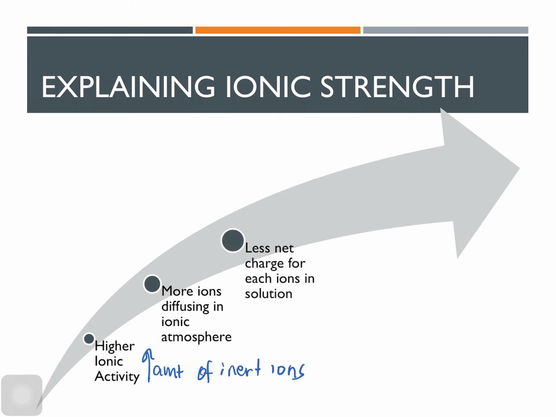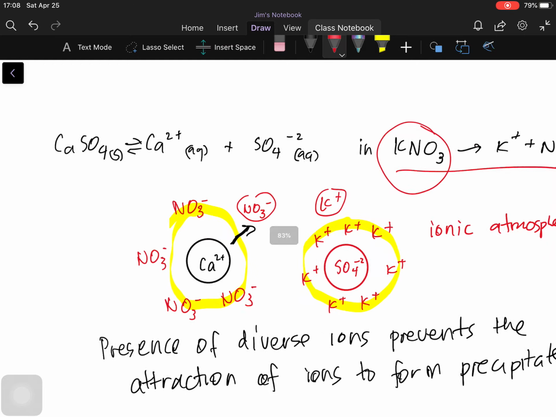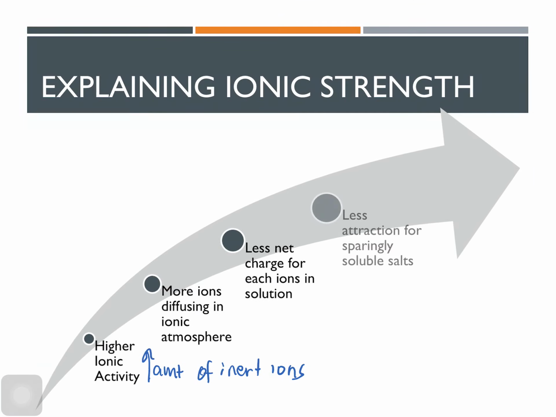Thus, there will be a less net charge for each ion in the solution. That means that nitrate ions and potassium ions are shielding calcium and sulfate ions respectively to prevent them from recombining. Okay, so that's the idea. That means less attraction for sparingly soluble salts.